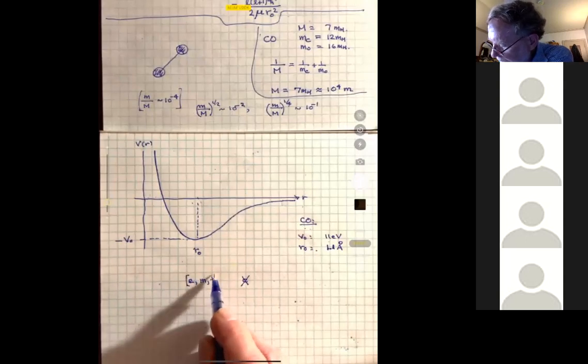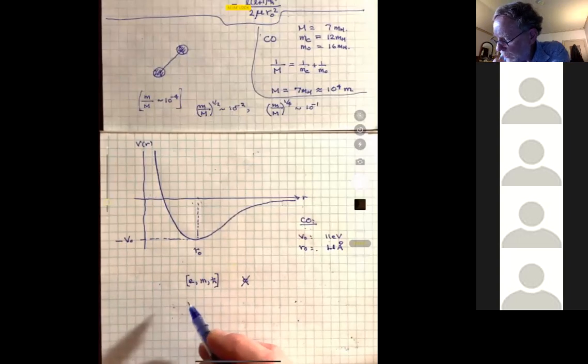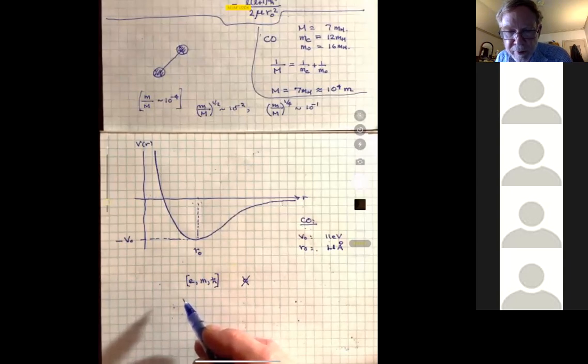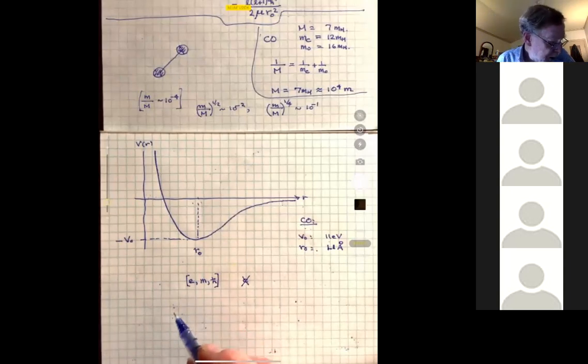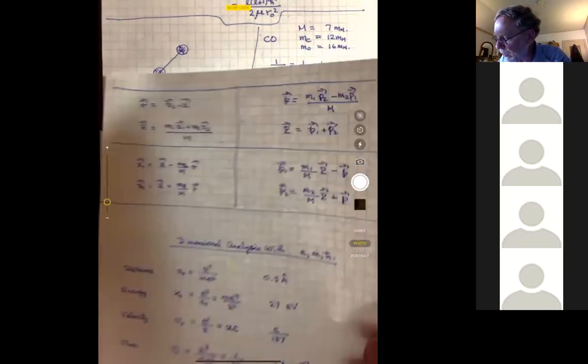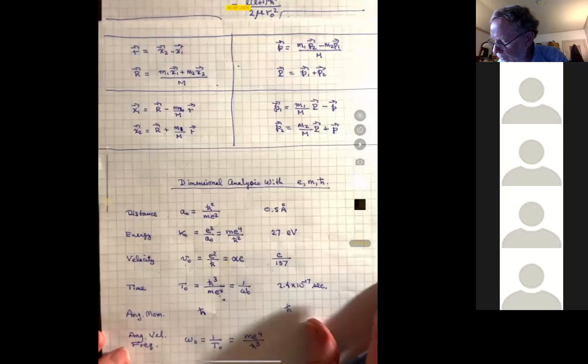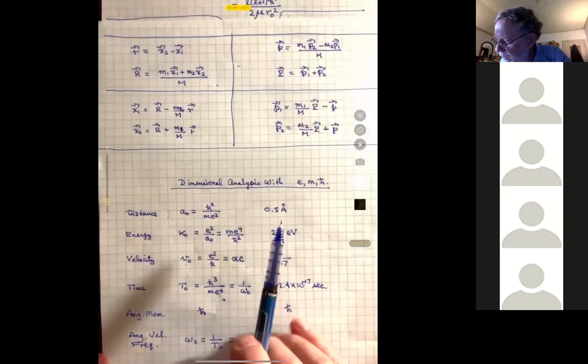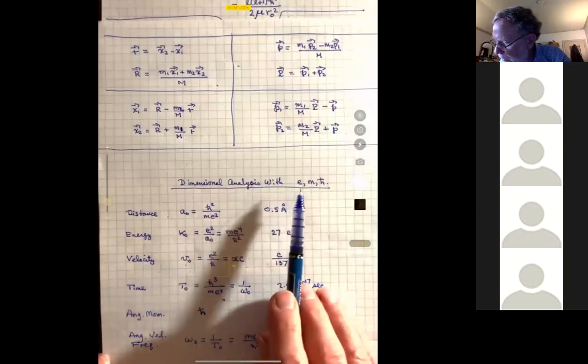Now it turns out that out of these three constants, e, m, and h bar, it's possible to construct a unique distance, a unique time, a unique energy, momentum, angular momentum, et cetera, that are constructed strictly out of these constants in a unique manner. This all comes from dimensional analysis, and I summarize that here. Here's dimensional analysis with these three constants, e, m, and h bar.